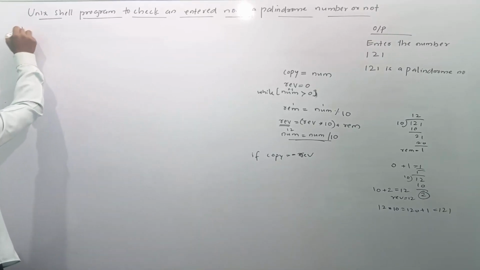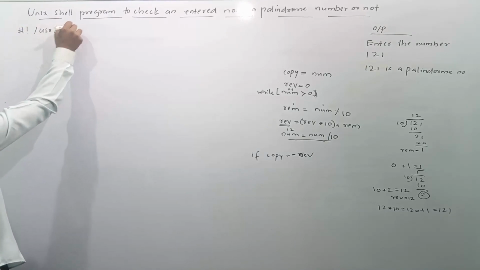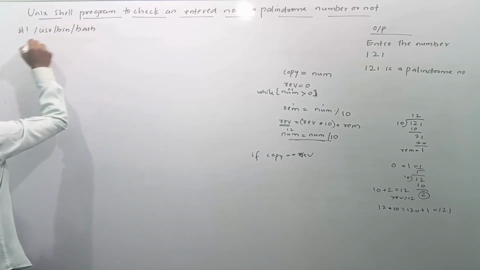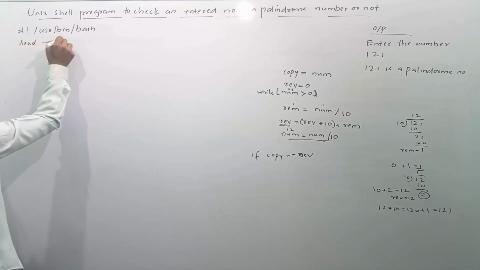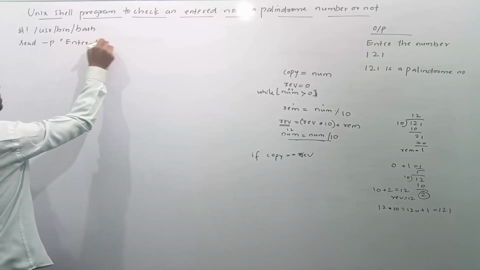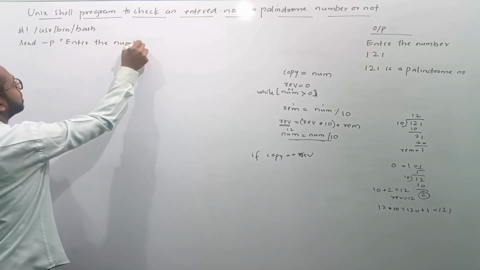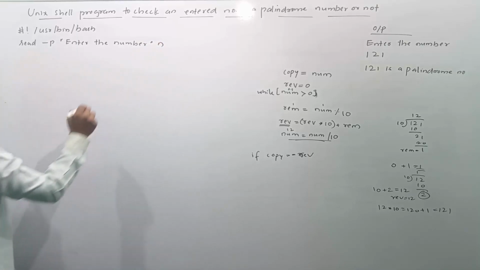I will write the program with the shebang #!/usr/bin/bash. I will accept a number, echo "enter the number", read n, then I will make a copy.